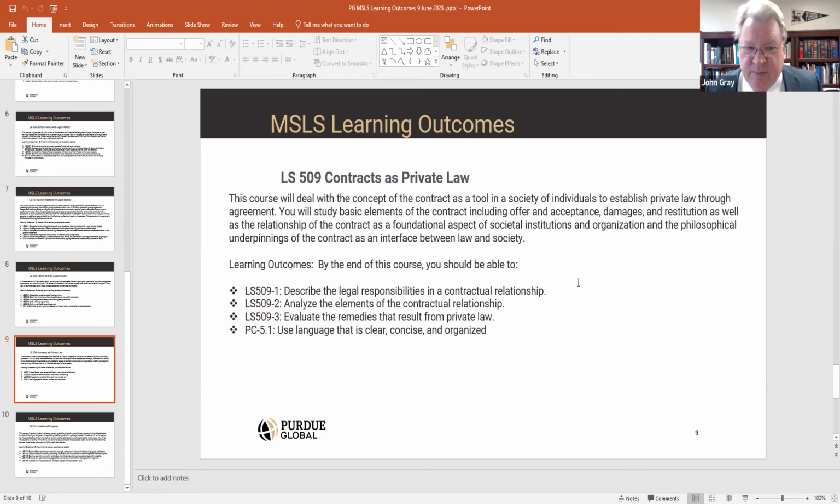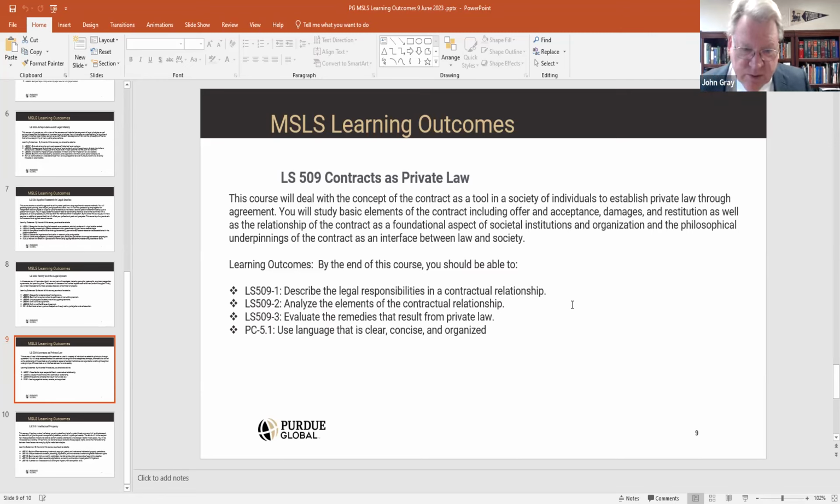But you'll study basic elements of the contract, including offer and acceptance and consideration, damages, restitution, and all sorts of interesting ideas here. And we will look at the contract as a foundational aspect of societal institutions and organizations and the philosophical underpinnings of the idea of a contract and the interface between law and society.